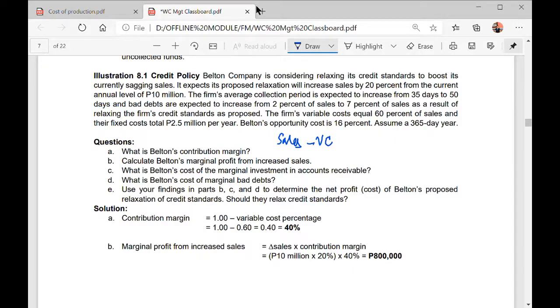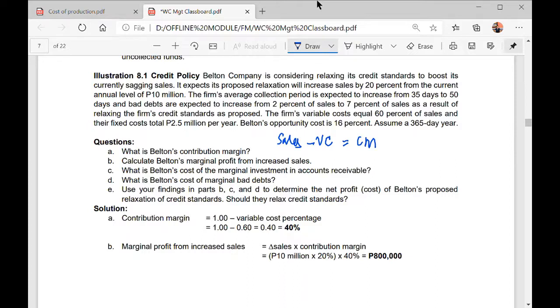When we say variable cost, it refers to both the cost of the product and the other variable expenses. So sales minus variable cost, that is our contribution margin. That is the question in letter A.